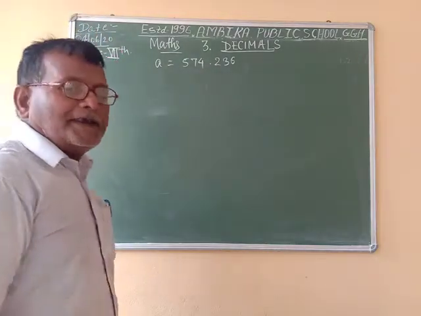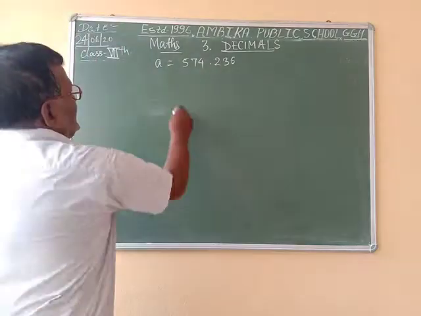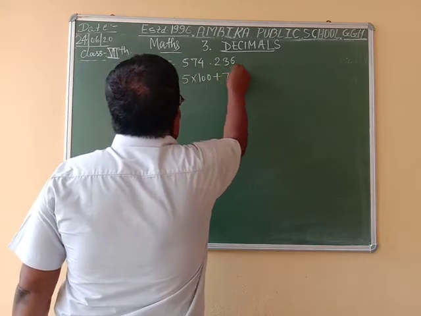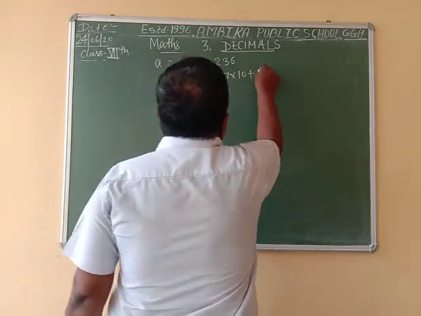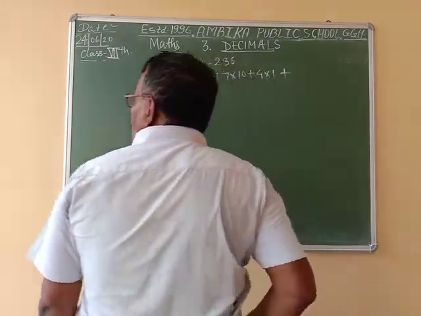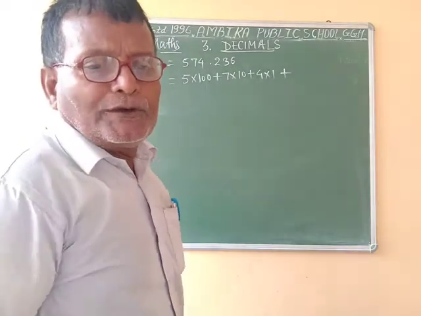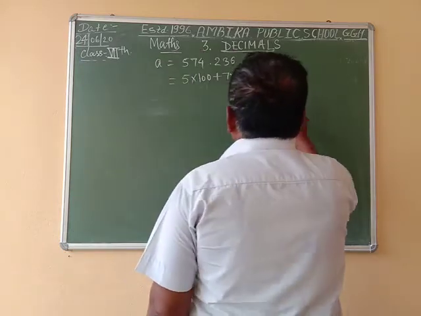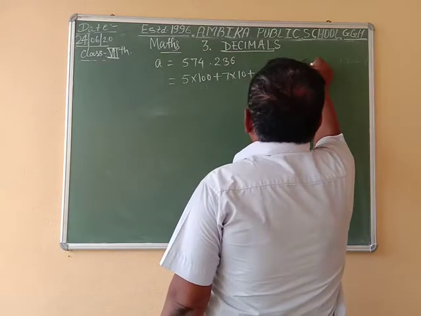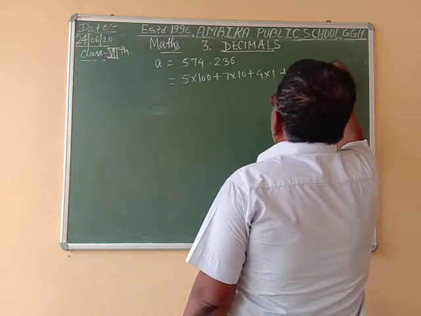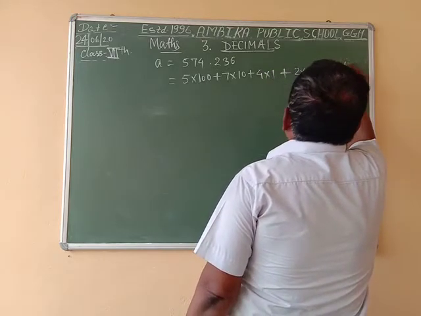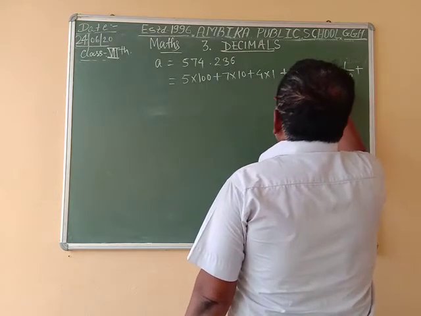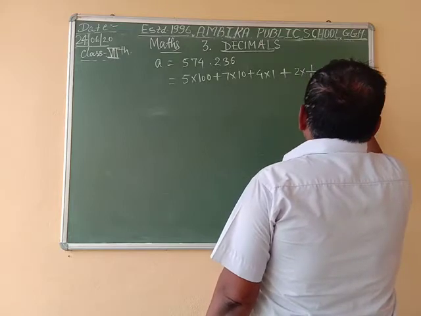So in expanded form we can write A is equal to 5 into 100 plus 7 into 10 plus 4 into 1 plus, for 2 we can write 2 into 1 by 10, because 2 is at the tenths place, plus 3 into 1 by 100 plus 6 into 1 by 1000.